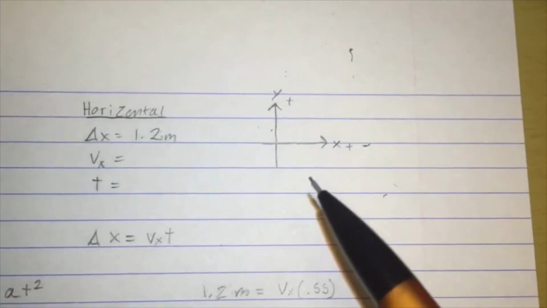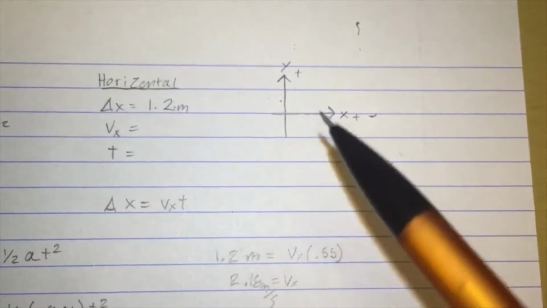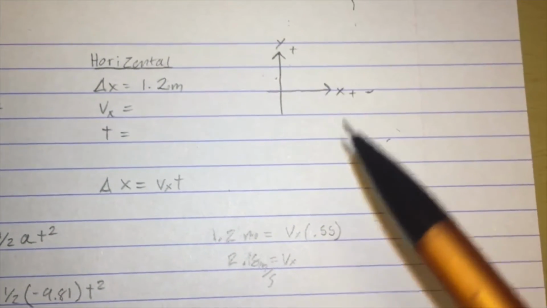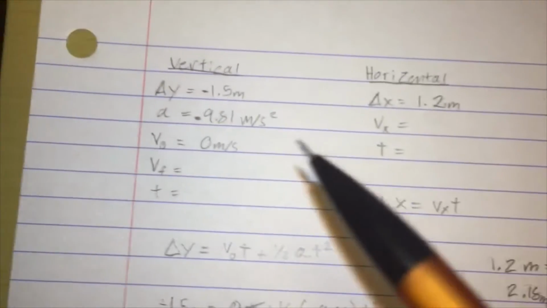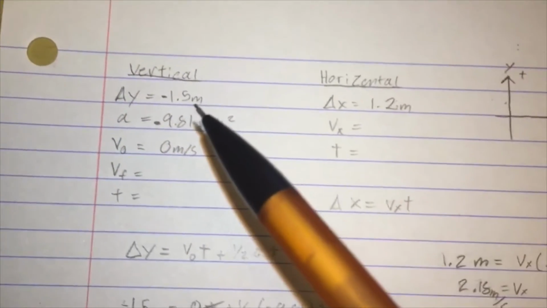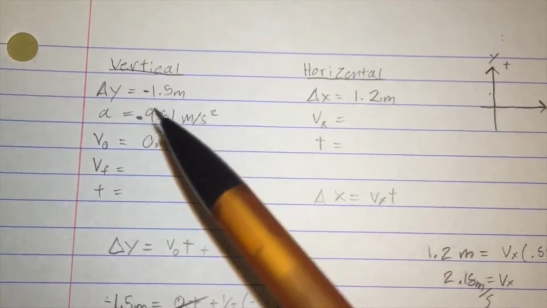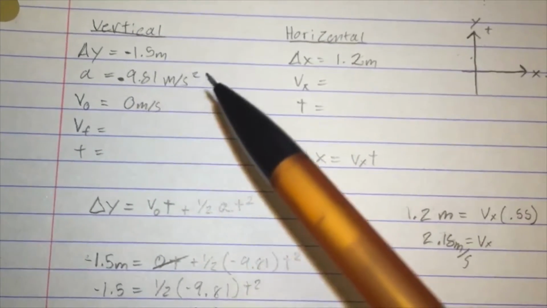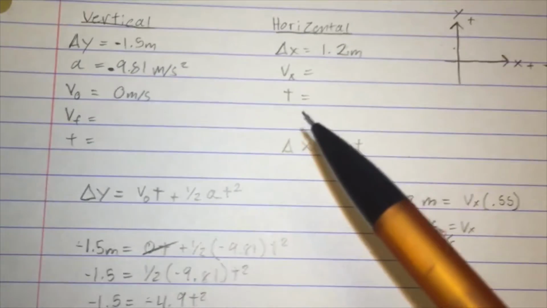So first we start off with our directions. Going upward, I have y as positive, and going right, I have x as positive. So that makes, because the ball was traveling downward, this 1.5 meters negative, and gravity 9.81 meters per second squared negative.